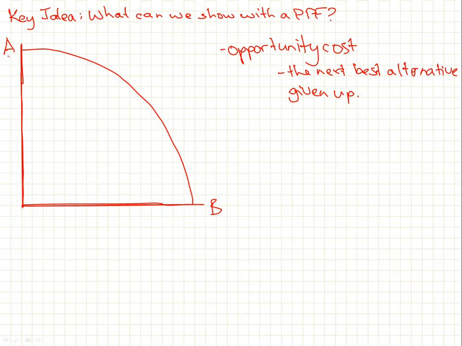In this case, if I'm choosing to stop producing A and start producing B, the opportunity cost of producing B is A. So let's just choose 2 points, and I'm going to really make up some numbers here. So this is point X, and we'll just draw a dotted line across here, and let's say that's 20. And we'll draw a dotted line down here. Now it's not a very straight line.